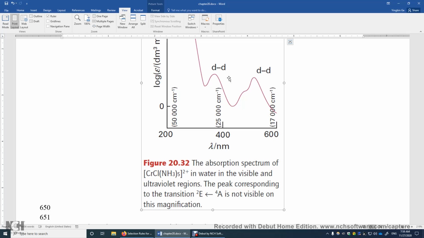So 3 reasons. But in the end, if you have a perfect octahedral environment, there's no p-d mixing, just perfect d orbitals with perfect g symmetry, the d to d electronic transition is strictly forbidden.